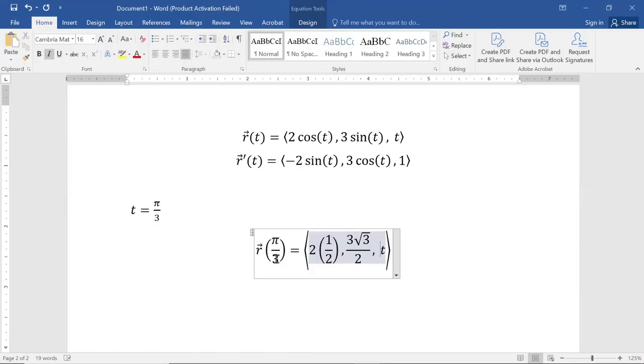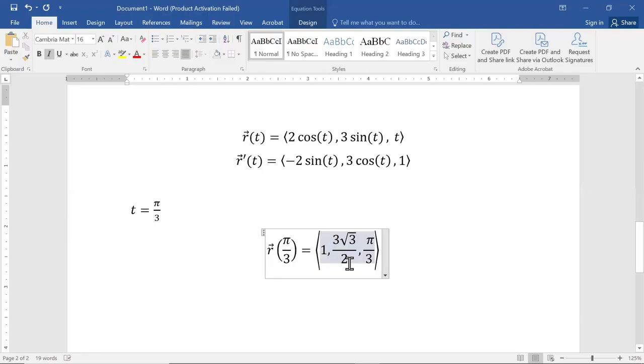And then when I plug in pi over 3 for my z value, I get pi over 3. By the way, 2 times 1/2 is just 1. 3 root 3 over 2. We'll get an approximate answer when we go to graph that, but I'll leave it as exact right now. And then pi over 3, again, that's just a little bit over 1. We can get a decimal version if you want, but I'll just leave it as exact right now.